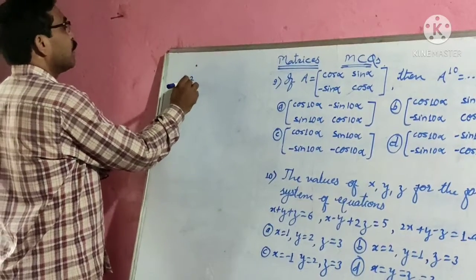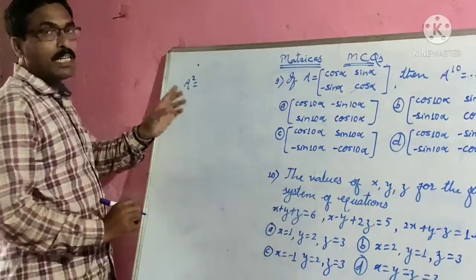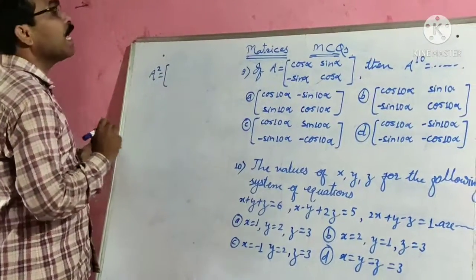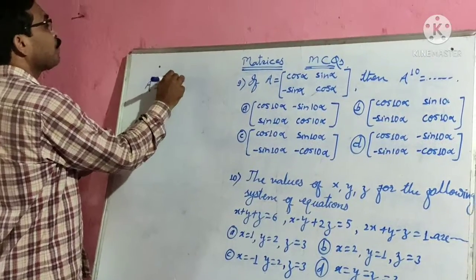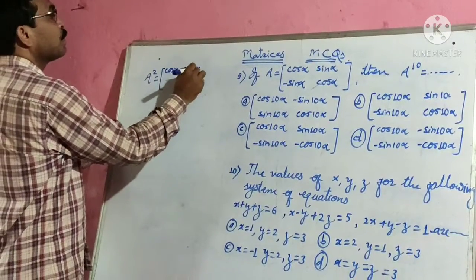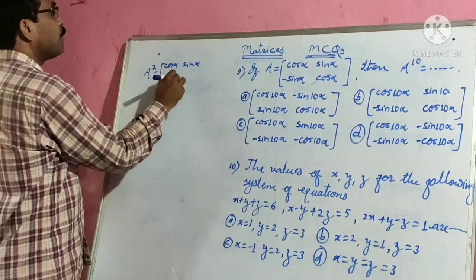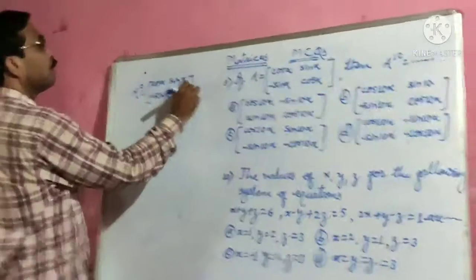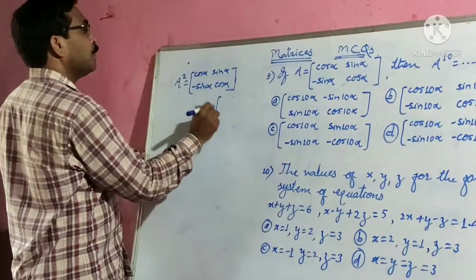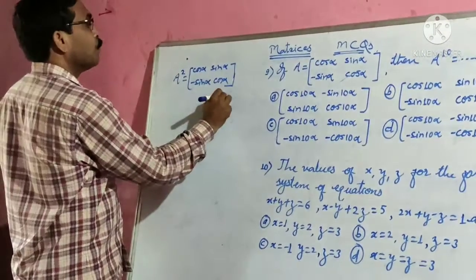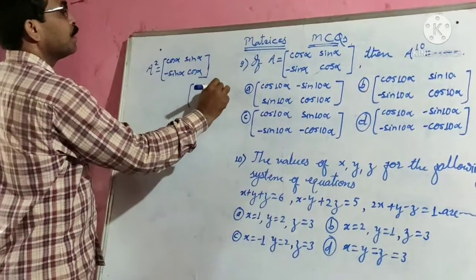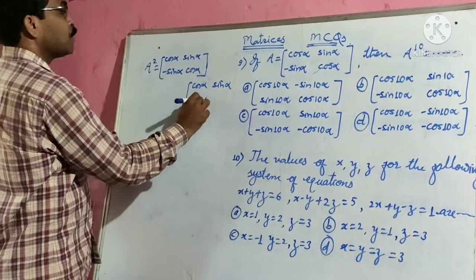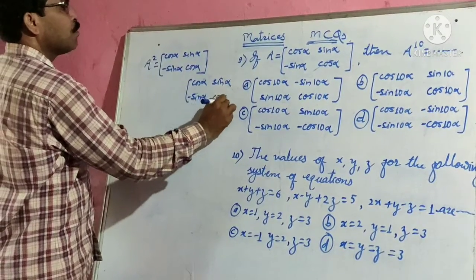A square is equal to A into A. So we write here first A, cos of alpha, sin of alpha, minus sin of alpha, cos of alpha, into A, cos of alpha, sin of alpha, minus sin of alpha, and cos of alpha.